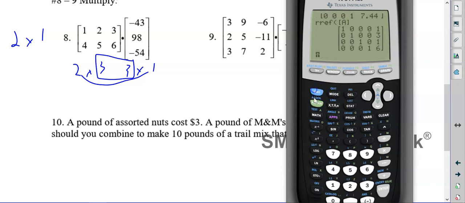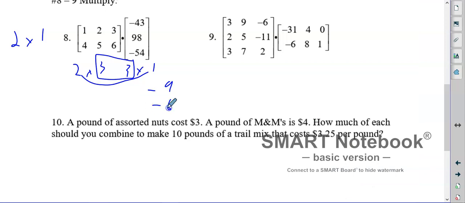And now I'm going to say matrix. Choose A times, and remember, order matters. A times B is different than B times A. Second matrix, B. And there's my answer, negative 9, negative 6. And that is a 2 by 1. So I know I did it right.